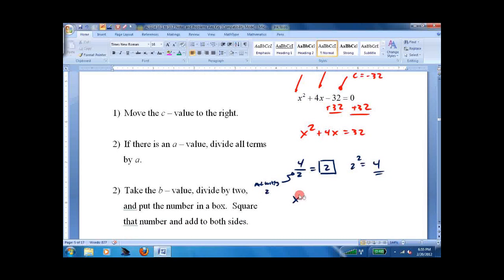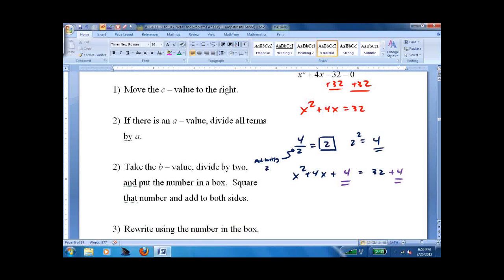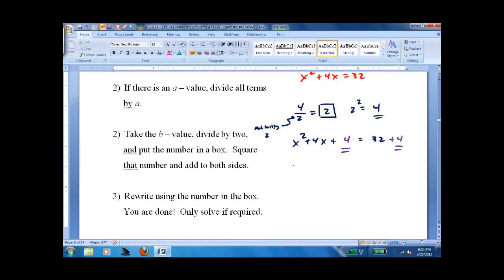So you go x squared plus 4x plus 4. What we add to one side, we have to add to the other. So now we're finally set up.